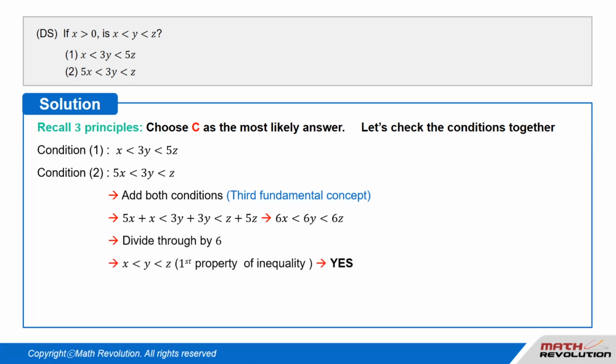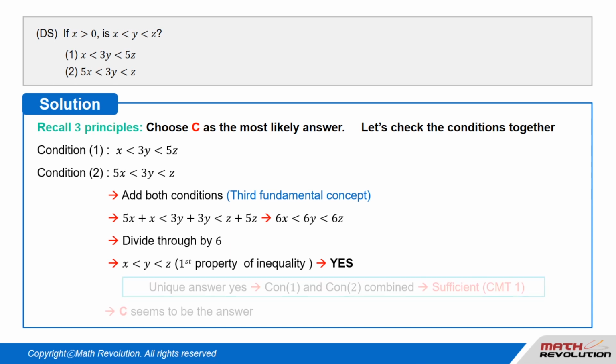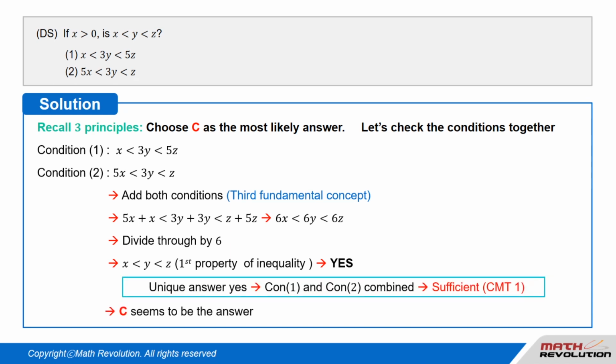We can then divide the equation by 6 to get x is less than y, which is less than z, by the first property of inequality, which is the positive rule in inequality. The answer is a unique yes, so the conditions combined are sufficient by CMT1, which states that the answer will be in terms of a unique yes or no. Thus, C seems to be the answer.